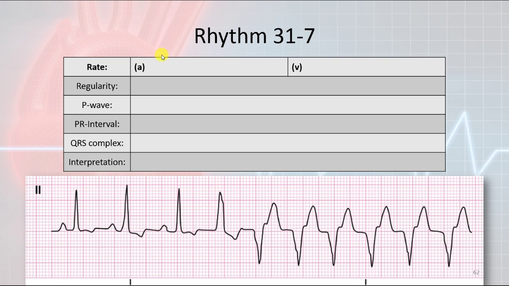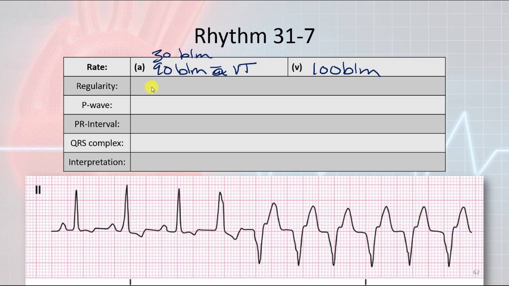It's about 90 beats per minute before the VTach. Or you could just put 30 beats per minute because that's exactly what it is. It's supposed to be an A with a line over it. That's before. The ventricular rate is going to be 1, 2, 3, 4, 5, 6, 7, 8, 9, 10. So you could say that's about 100 beats per minute.